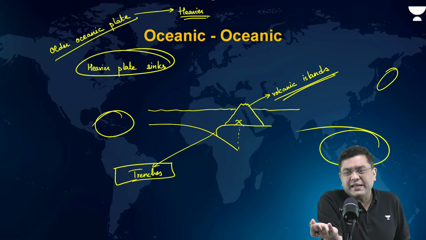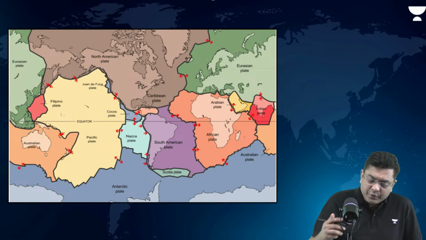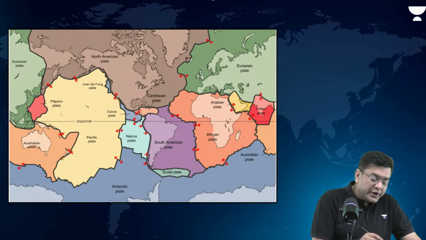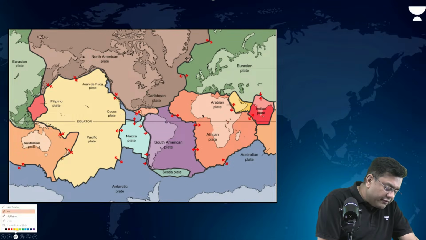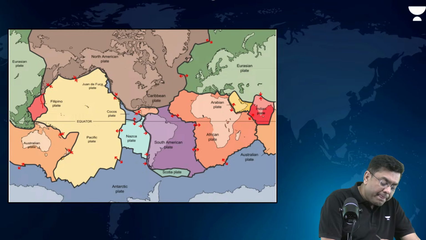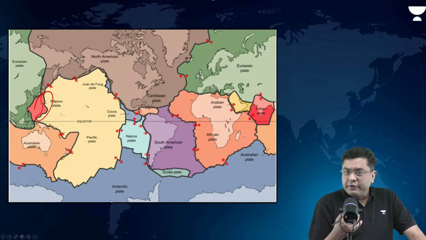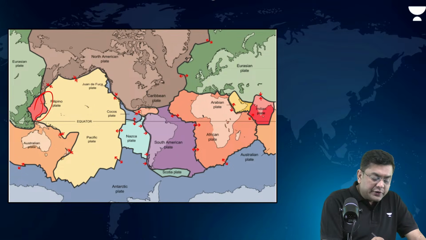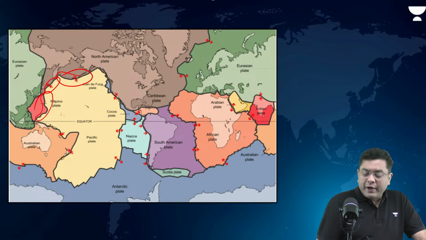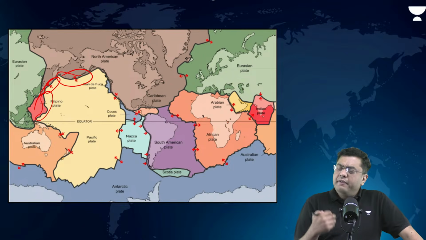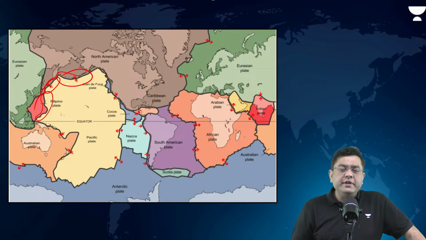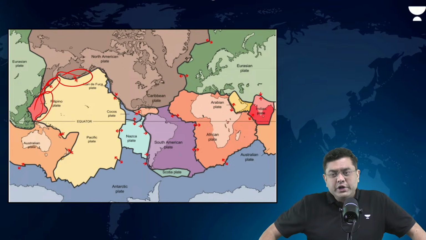Okay, the last eruption happened last year itself. Now, so oceanic convergence, Pacific plate with the Philippine Sea plate, right? This is where you have oceanic convergence. Here also you have oceanic convergence. Wherever oceanic crust converges with oceanic crust.